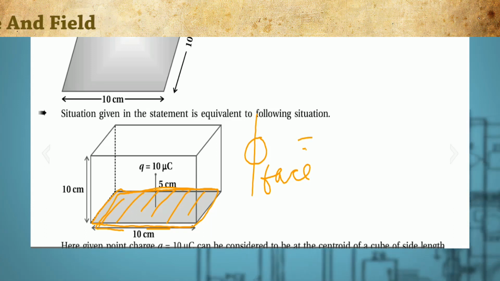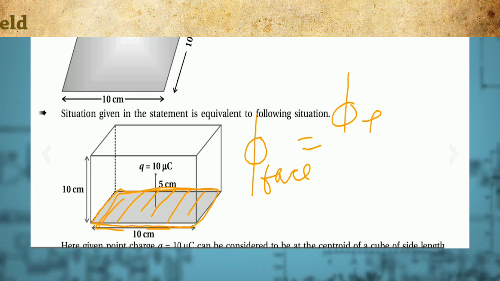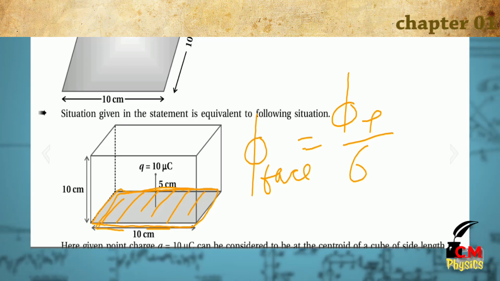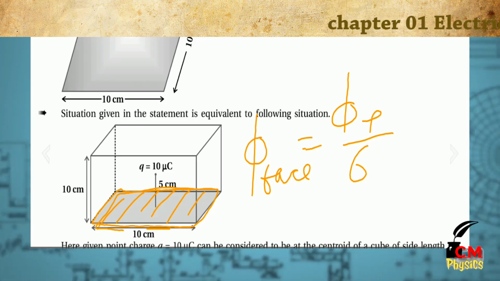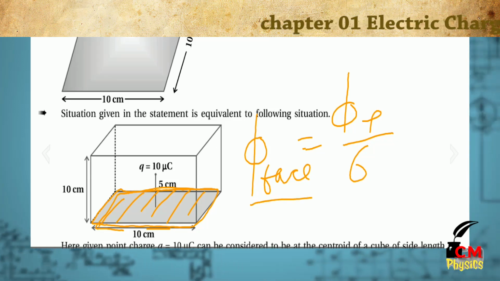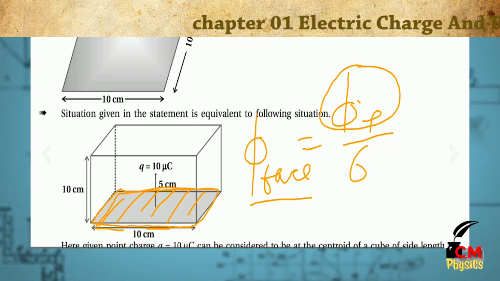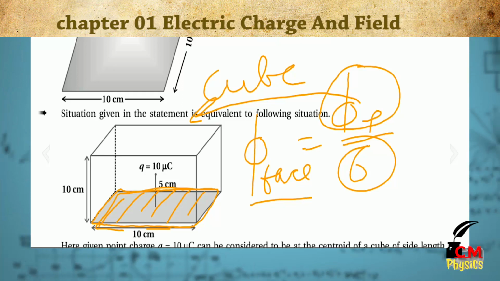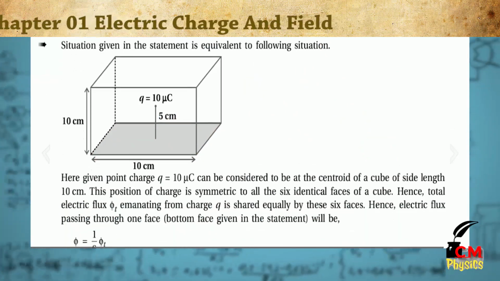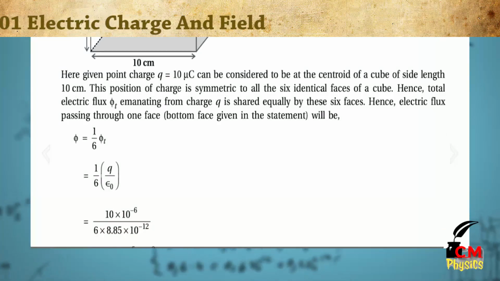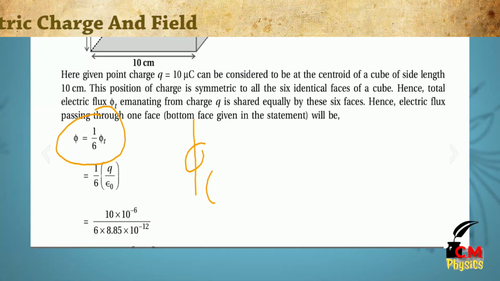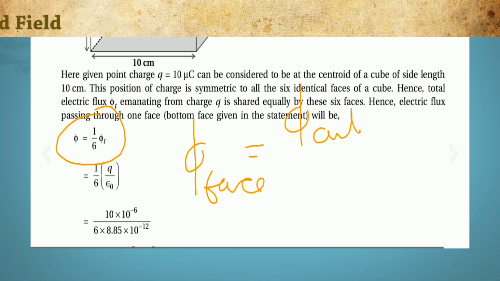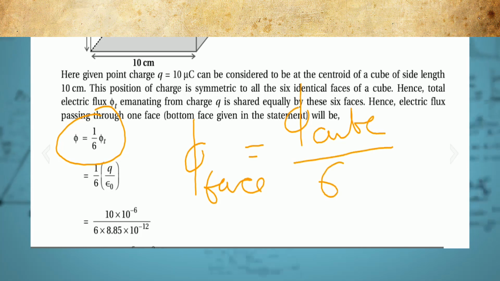Then flux through one face is the phi total flux related with the cube divided by 6, because the cube has 6 faces. So flux related with one face, which is your square, is equal to phi of cube, or you say phi total, divided by 6.